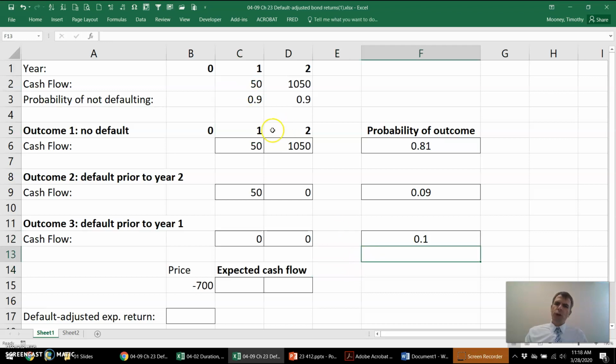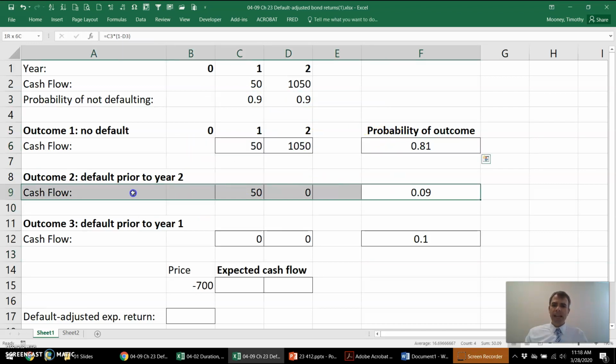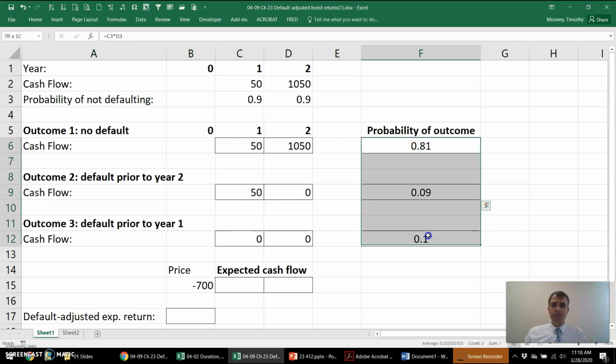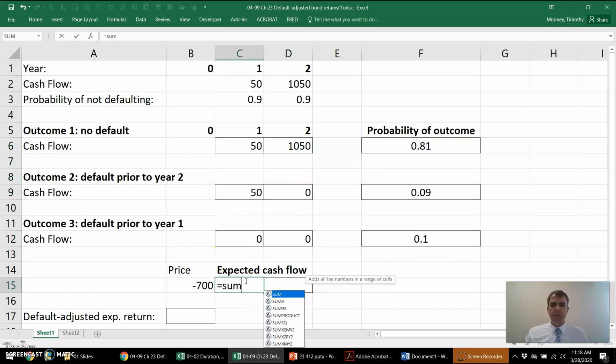Okay. So given some estimated probability of default in each period for this bond, we can see the probability of each outcome. And then given these probabilities of these 3 outcomes and the cash flows in each of these 3 outcomes, we can compute an expected cash flow, right? So it would be a weighted average of the bond's cash flows where the weights are the probabilities, right?